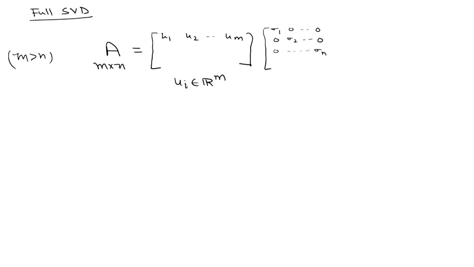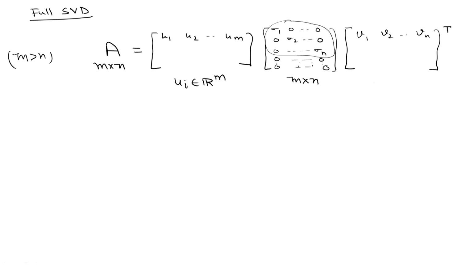So an n by n diagonal submatrix and then m minus n rows of 0. So it is an m by n matrix with an n by n submatrix and m minus n zero rows. Finally, I will have an n by n orthogonal matrix V transpose, which will be like V1, V2, Vn, where each Vi belongs to R n.